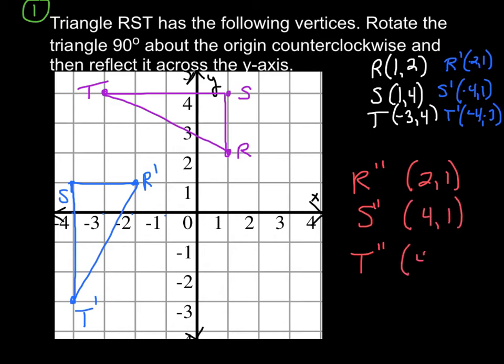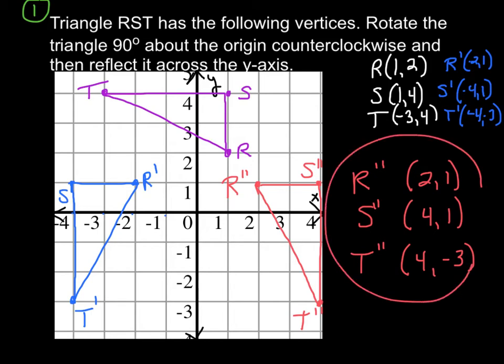And T double prime becomes (4, -3). So that becomes R double prime, S double prime, and T double prime. So my final ordered pairs would be (2, 1), (4, 1), and (4, -3).